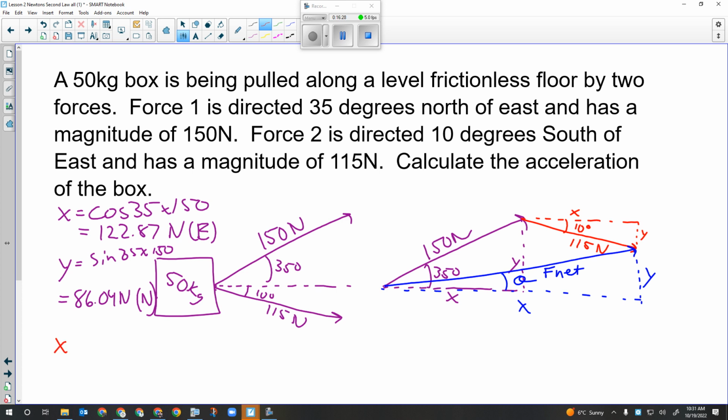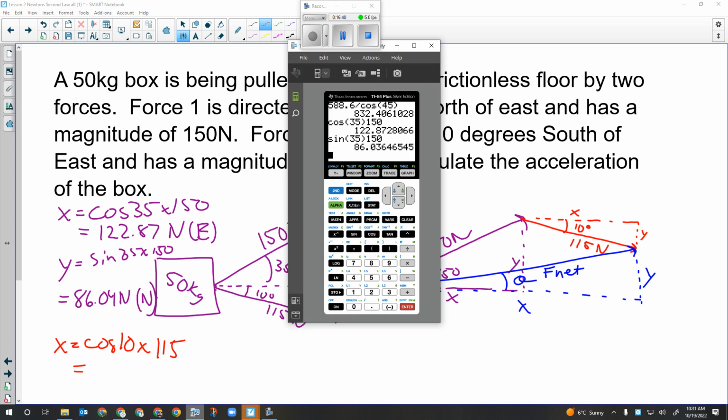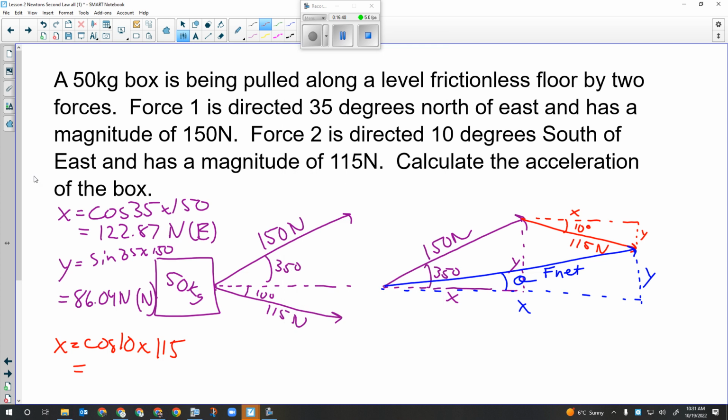And then I've got to find red x and red y. So red x is going to be the cos of 10 degrees times 115. Okay, so 113.25 newtons east.